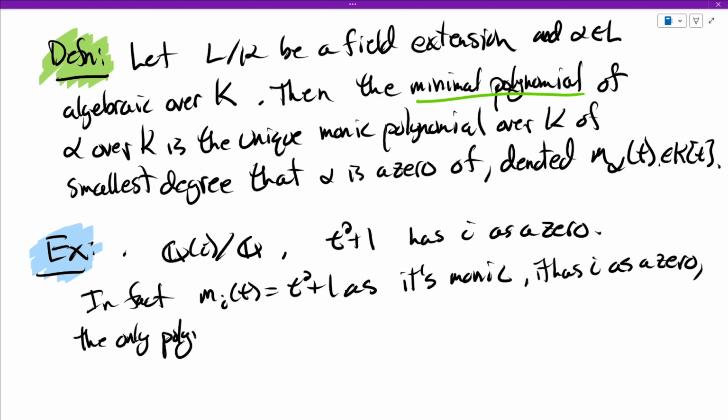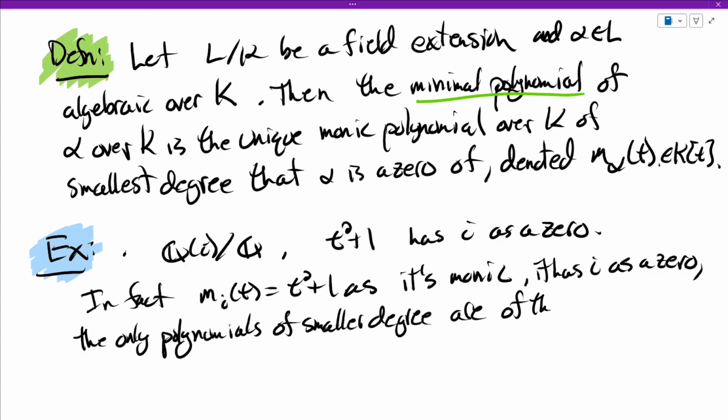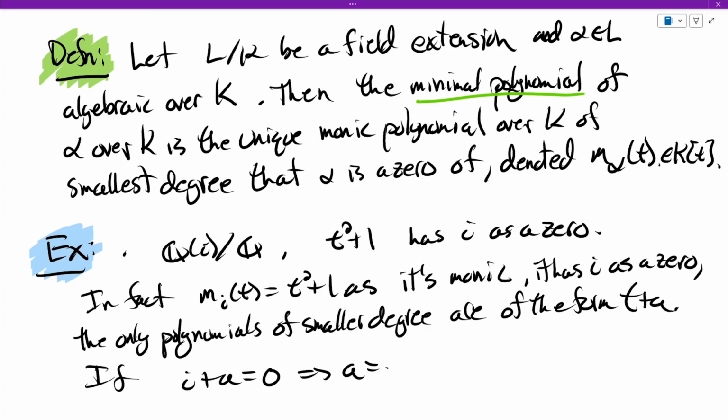The only polynomials of smaller degree that are monic are of the form t plus a. If you plug in i and you get 0, then that tells you that a is negative i. But a is a rational number, so this is a contradiction.